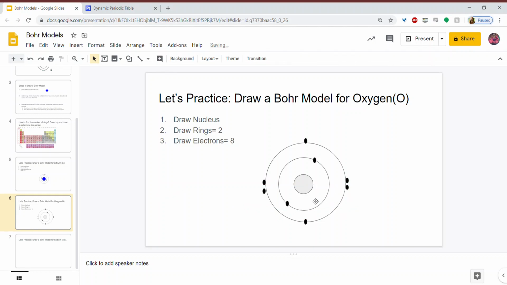Alright, so these should all be on the ring. Sorry if it looks like they're not. So now I've got all of my electrons on the ring. I've got my 2 rings, I've got my nucleus, good to go.